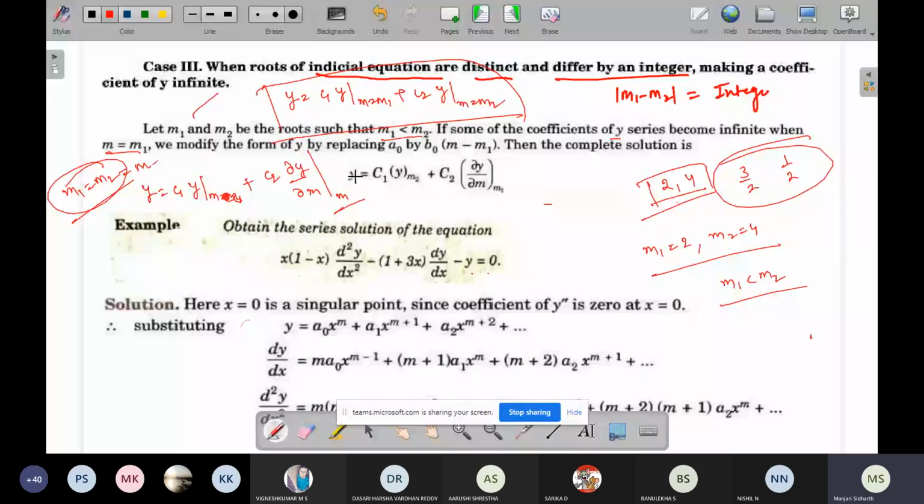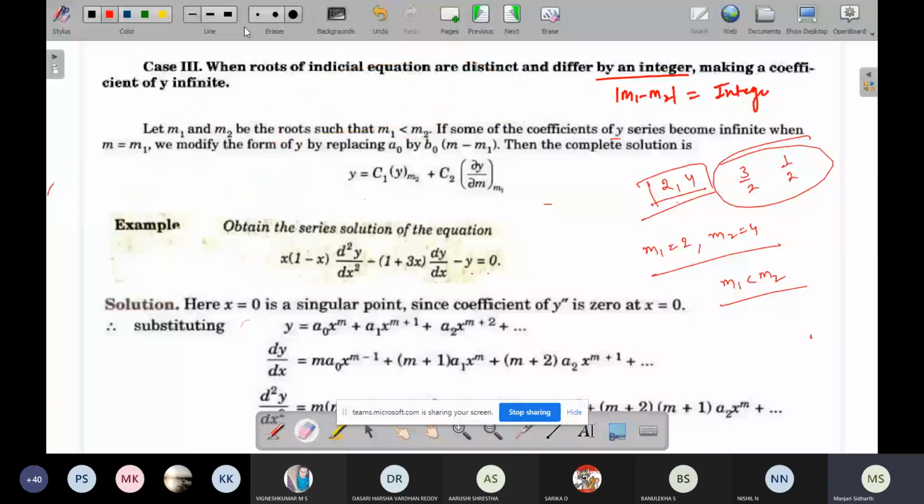Now your third case is when the roots are distinct and their difference is an integer. When we substitute m equals m1 to find the first solution, C1 y1, if any of the terms is going to be infinite, then we modify the form of y by replacing a naught by b naught times m minus m1.